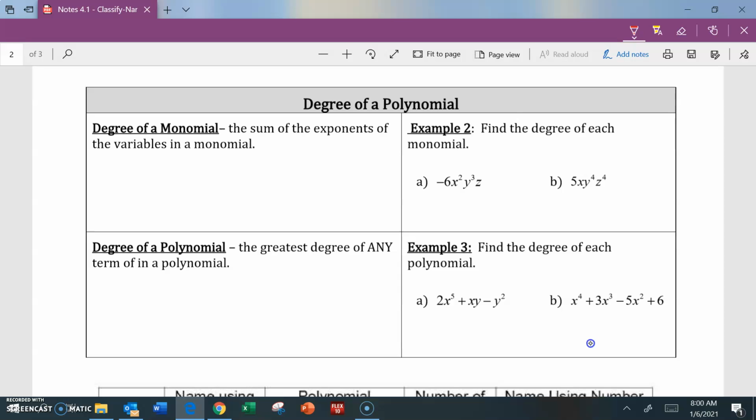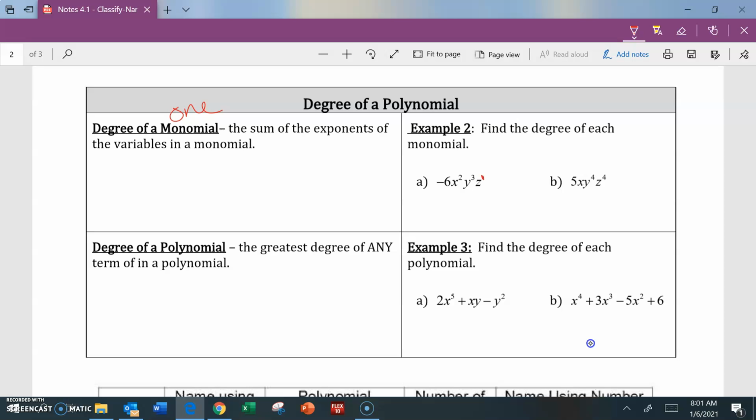And so the degree of a monomial, remember a monomial means one term only, is the sum of the exponents all involved in that one term. So if you take a look at example A, we have negative 6x squared y to the third z to the first.